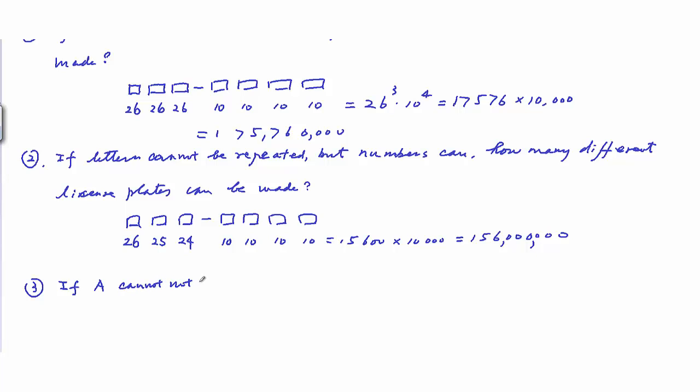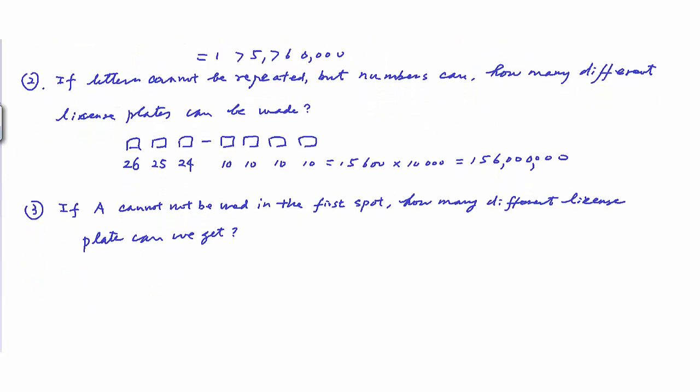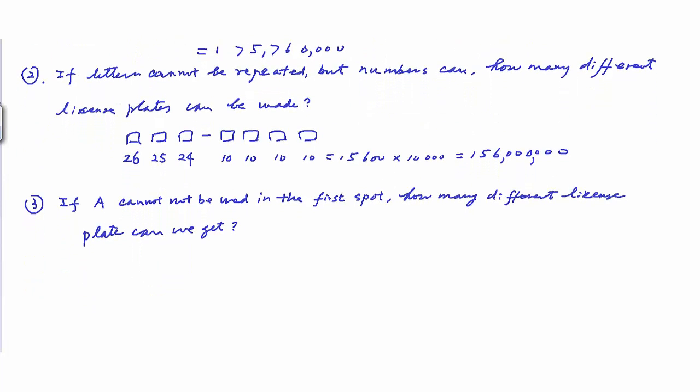The third case: if A cannot be used in the first spot, how many different license plates can we get? This is similar to case 2.